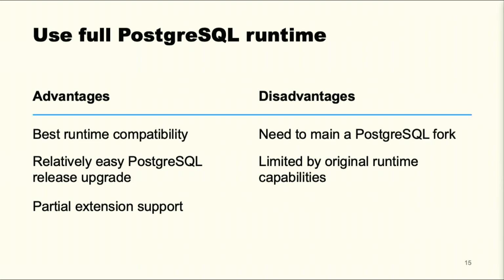But at the end of the day, projects like this end up maintaining a PostgreSQL fork. How you do it depends on how complex it is. If you really touch only the storage part, it will be a relatively easy thing to maintain. But if you don't control what you actually change from the original code base, it might become a full-fledged fork that's not really compatible with the original system.